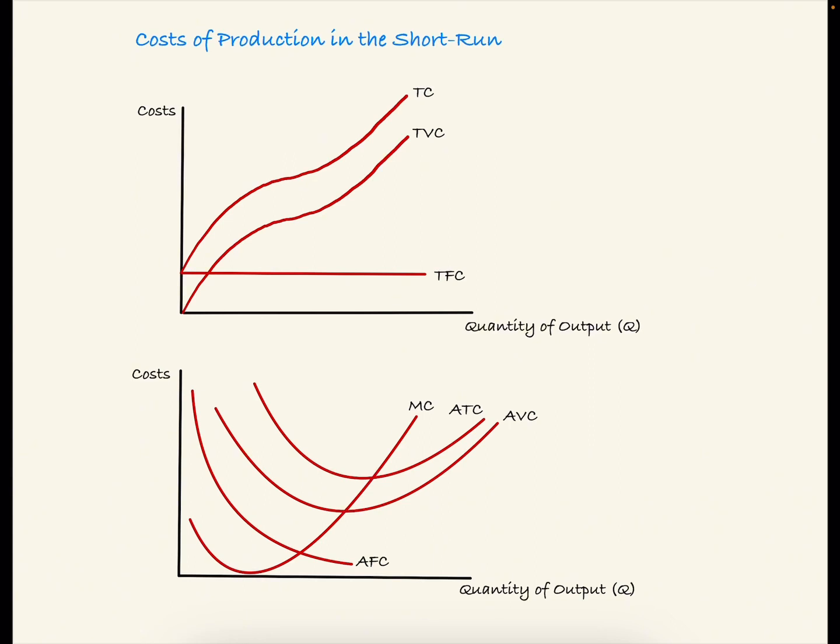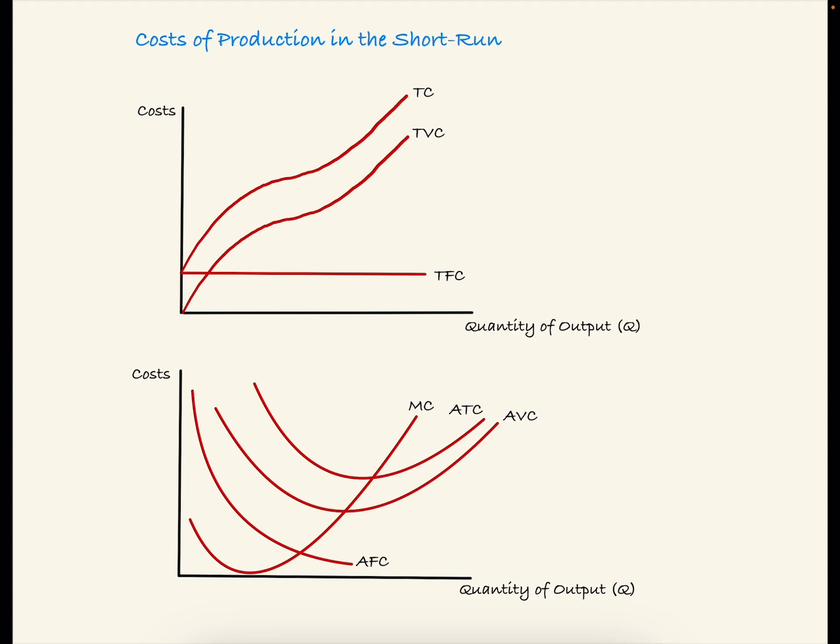Total variable cost will increase as our quantity of output increases. And since total cost is the summation of total variable cost and total fixed cost, and since total fixed cost remains constant while total variable cost will increase, total cost will also increase as the quantity of output increases.